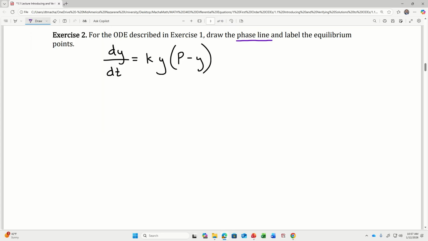So here's what I mean by phase line. This number line represents my variable y. And we're going to mark a few interesting points, like maybe y equals 0 and y equals p along my number line. So like normal, positive numbers are on the right, negative numbers are on the left.